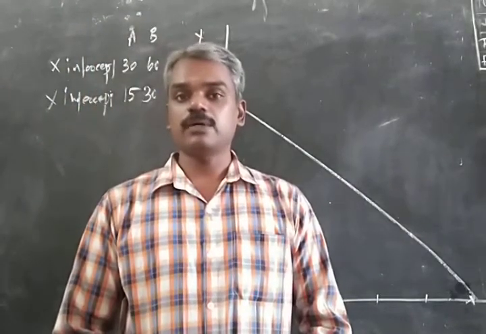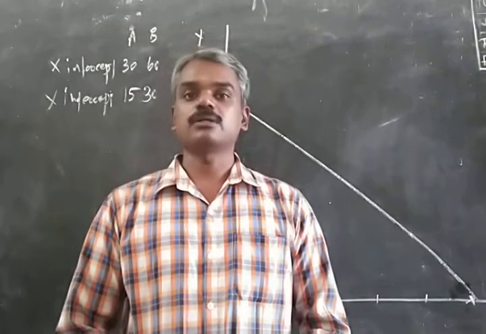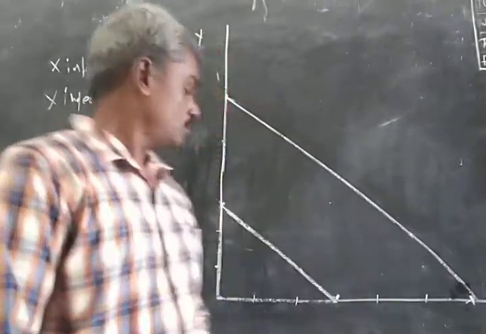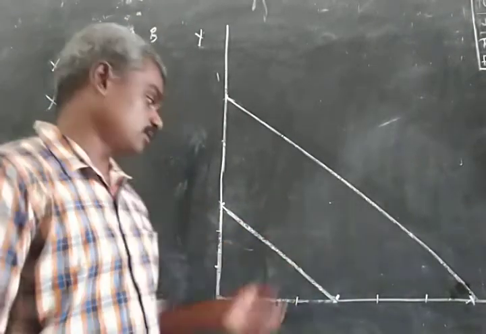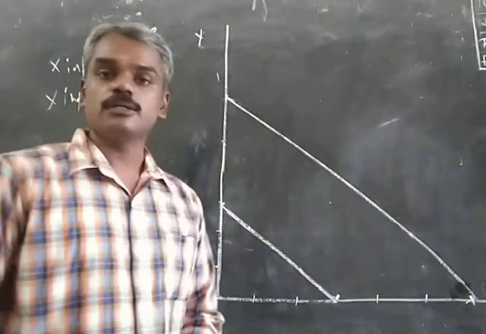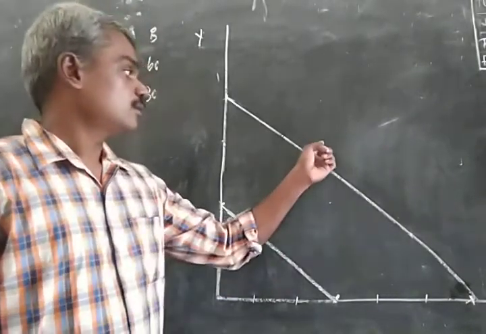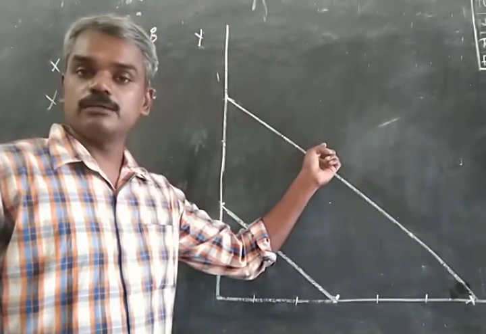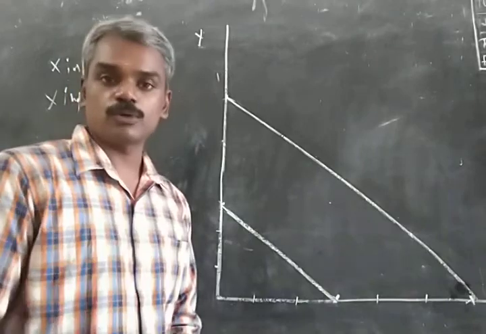The equilibrium was defined by the tangency of the highest possible indifference curve with the budget line. So, if this was the budget line applicable to the consumer, then there will be an indifference curve which is tangent to the budget line, and that will be the consumer's equilibrium. We will also have another budget line, another indifference curve tangent to this higher budget line B dash L dash. So that will be another point of equilibrium.